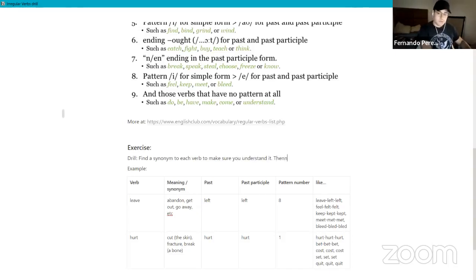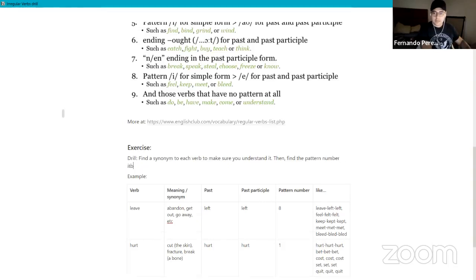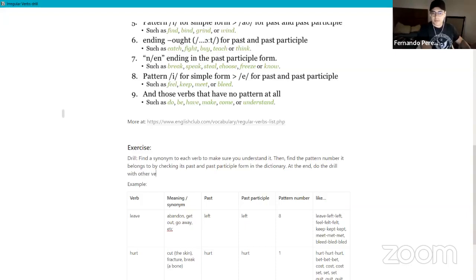Then find the pattern number it belongs to by checking its past and past participle form in the dictionary. At the end, do the drill with other verbs from the same pattern.